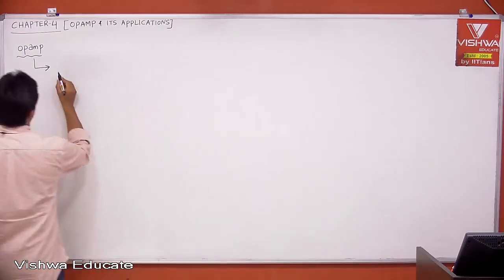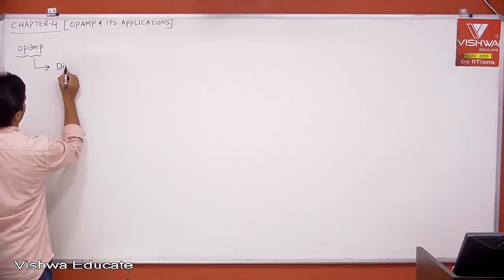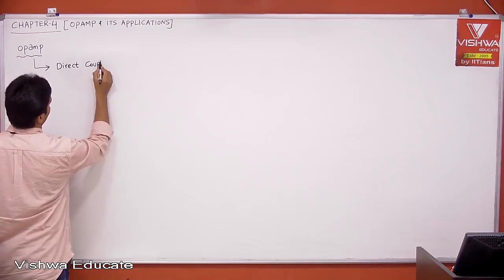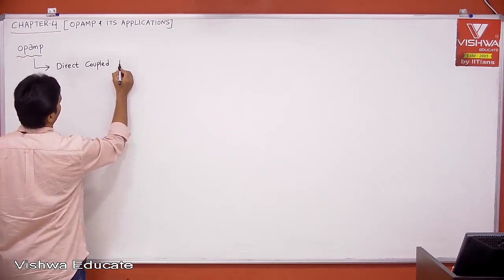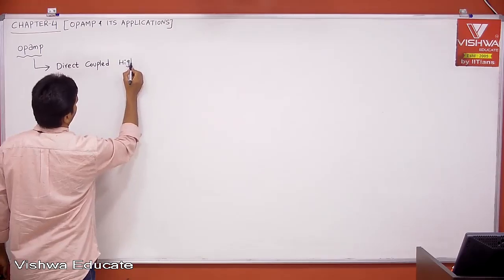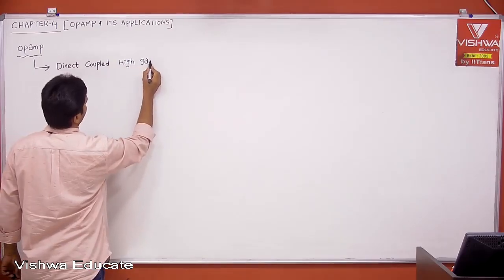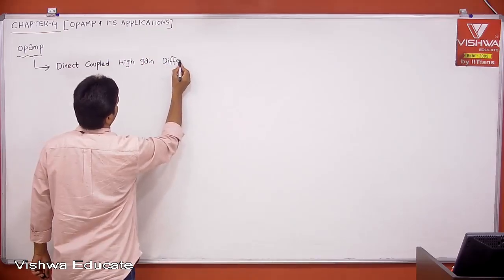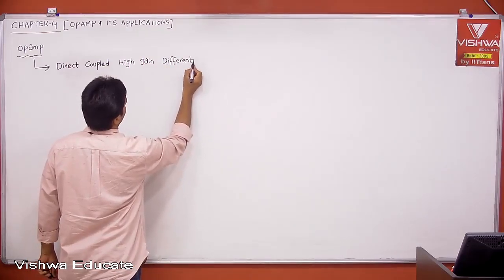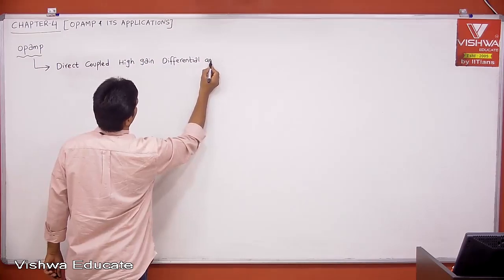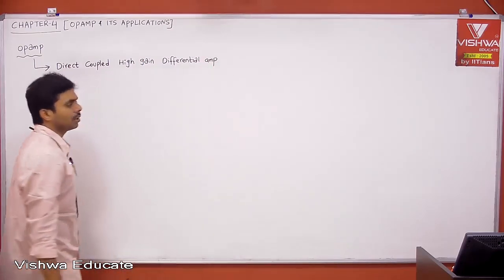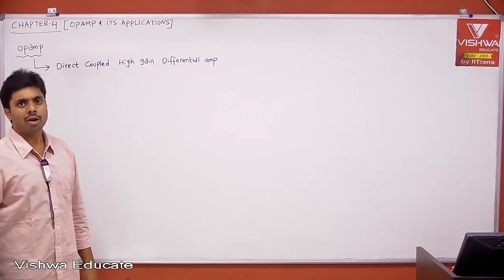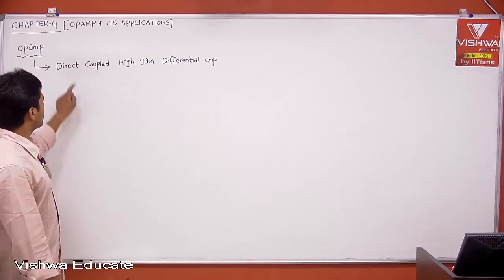This is direct coupled, not RC coupled. Basically your Opamp is a differential amplifier, but having huge gain because of multi-stage differential amplifiers followed by a common emitter amplifier, and it is direct coupling.